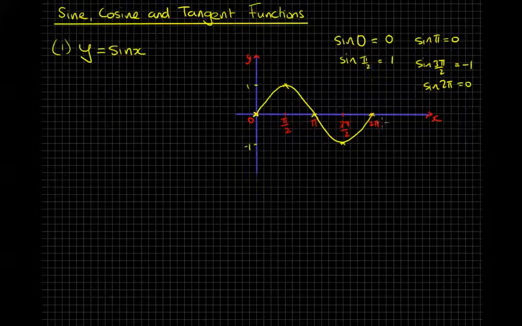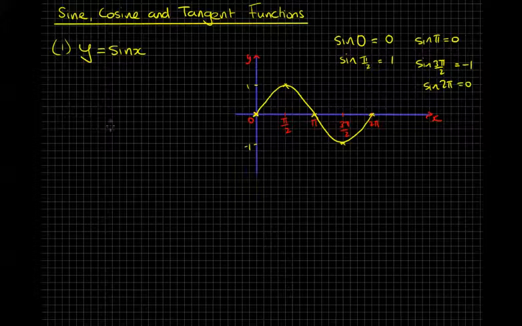If I copy and paste this, it repeats again exactly the same, another 2 pi later, so at 4 pi it will be back at 0 again, and it crosses the x-axis at 3 pi. So it repeats like this.